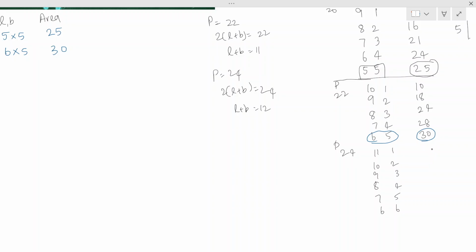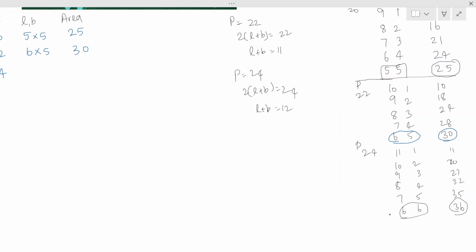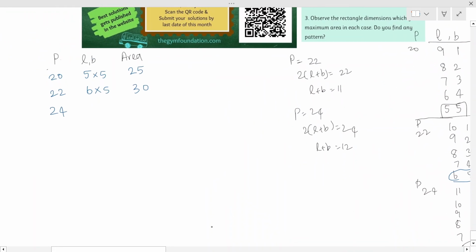So obviously it is quite evident that 6 and 6 is the biggest one. So you can make the table here and put 6 times 6 is 36, which gets a perimeter of 24 and area of 36.